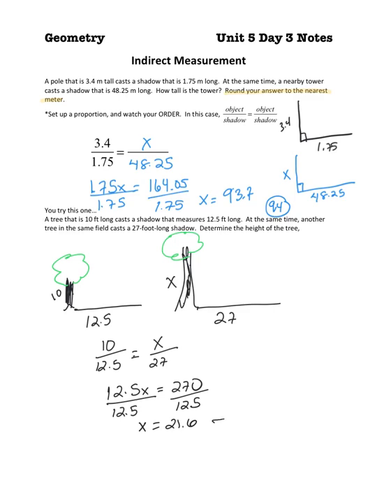And let's just go 22 to the nearest foot, for the height of the tree. We usually have in the instructions round to the nearest tenth or round to the nearest meter or foot. So pay attention to that. All right? Not that bad. You are using what you know of ratios to solve indirect measurements. Draw the pictures. It helps.